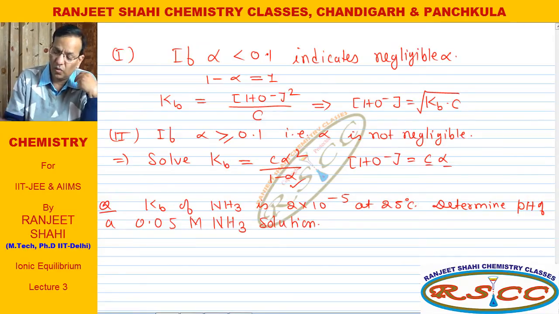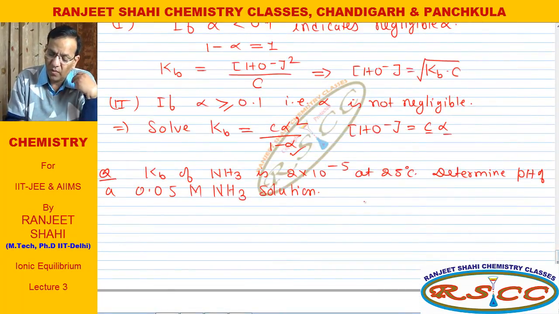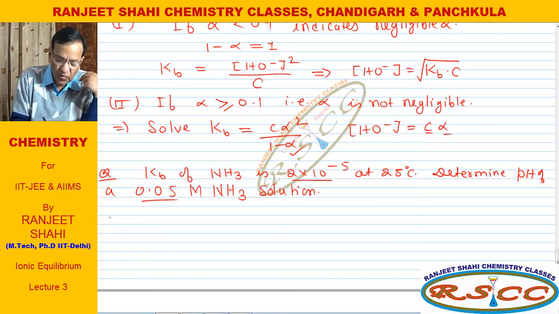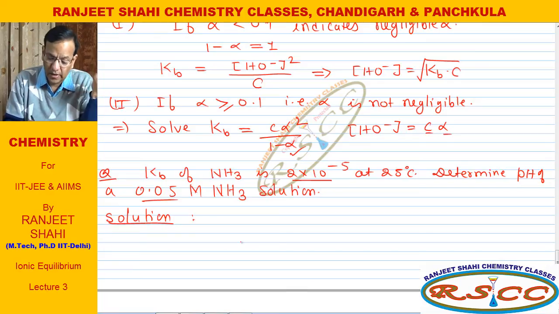Now we have the Kb value, we have the concentration of base. So first, both Kb and concentration are known, so we can check for alpha.